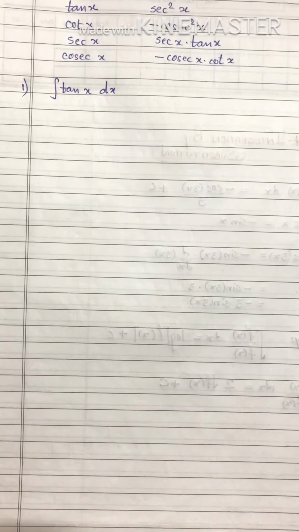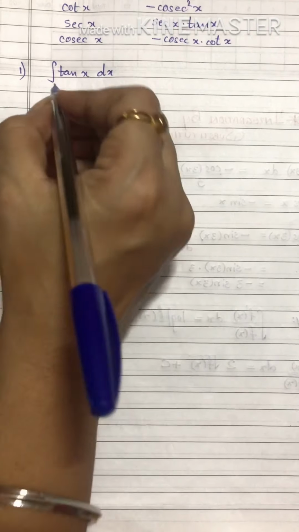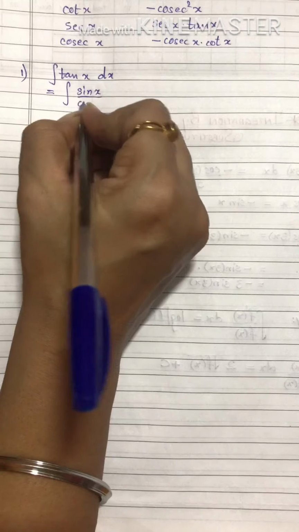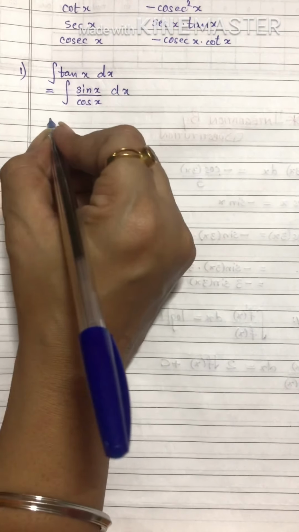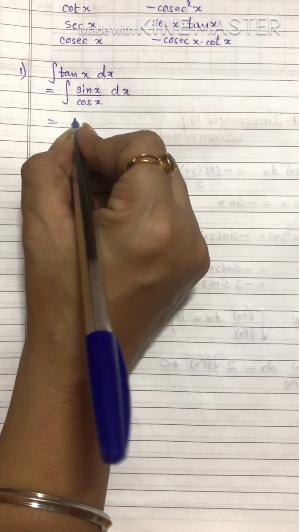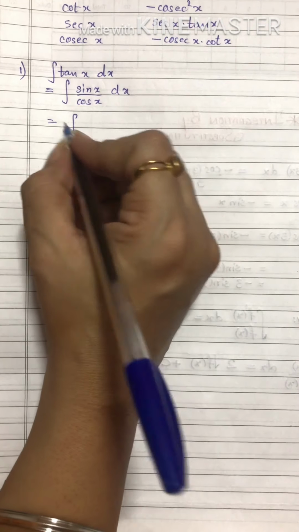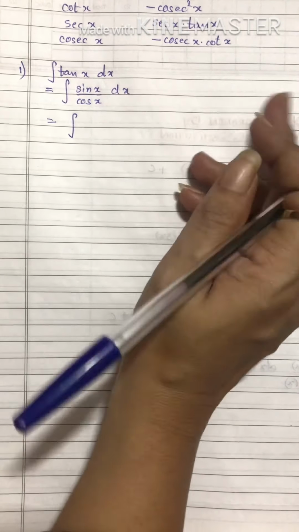So what we'll do, we'll use the basics: tan x can be written as integration of sin x upon cos x dx, right? Now see, sin x upon cos x. Now I want to use the corollary which I explained to you earlier.